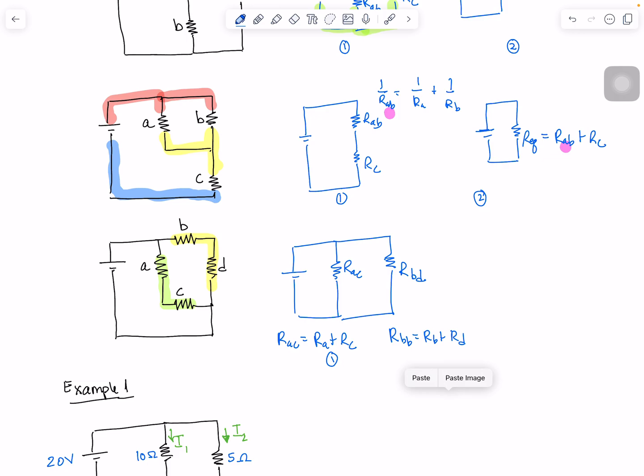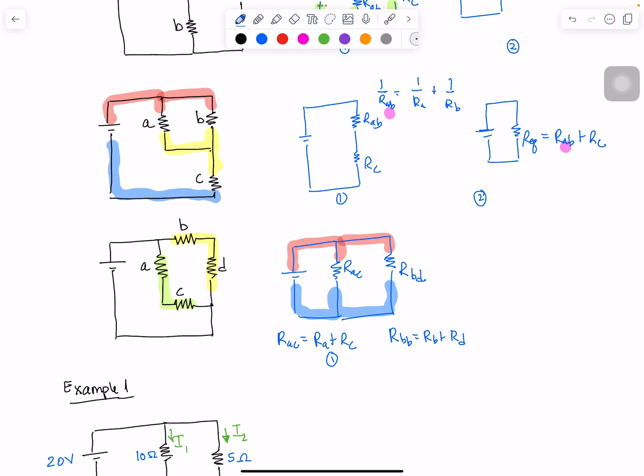Okay. All right, so now I have 2 resistors in parallel. I can combine them because they have the same potential across them. Again, I've got red on that side, I've got blue on this side. Each resistor, I'm going red to blue. And so I know they have the same potential.